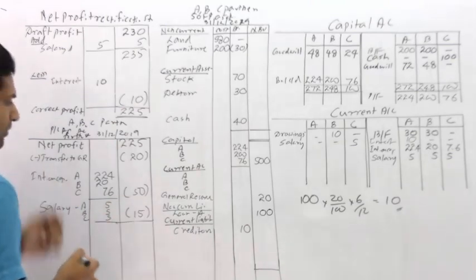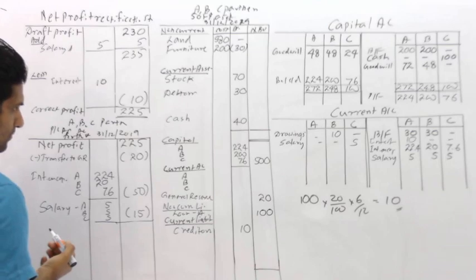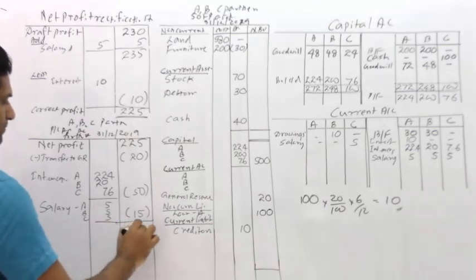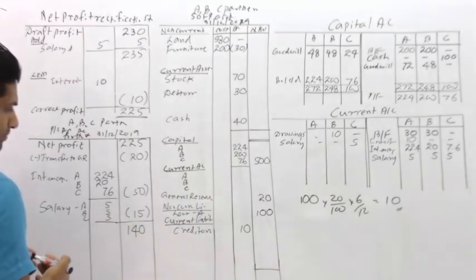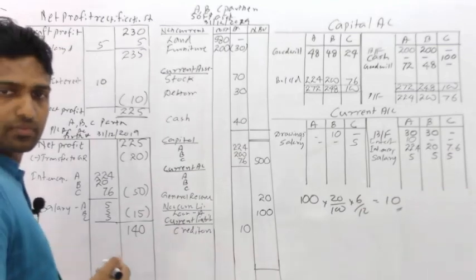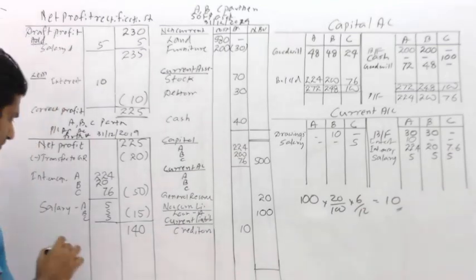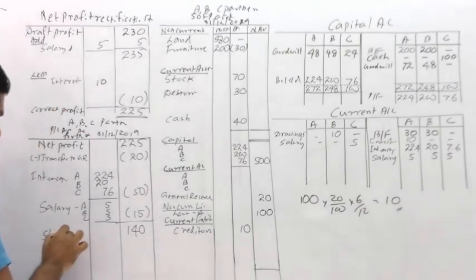Now take the visible profit. Is it 140? Is it 140? Take the share of profits.